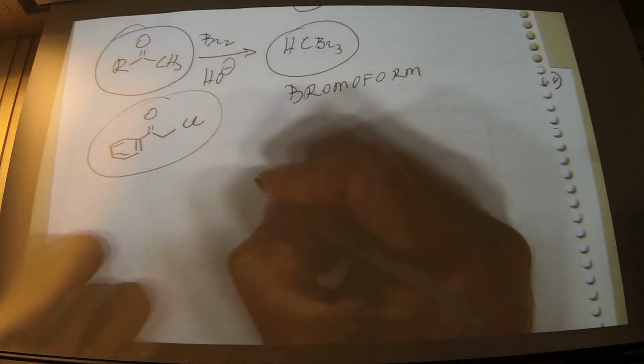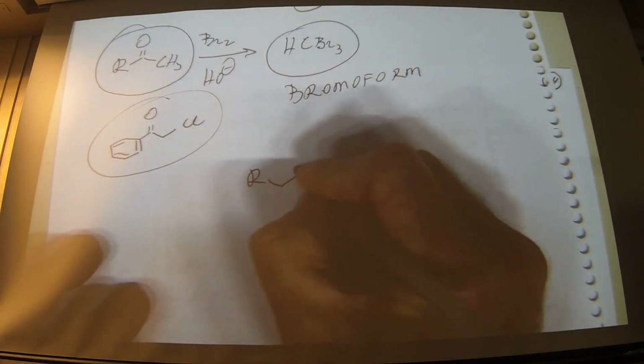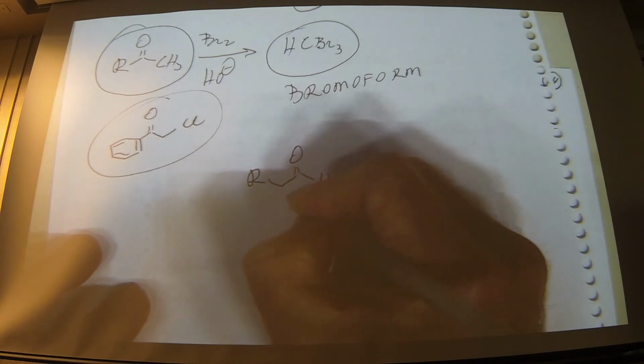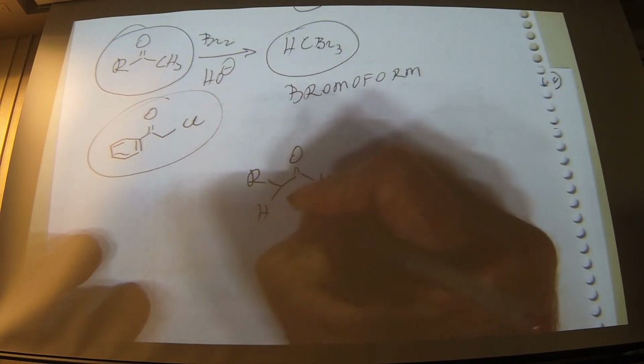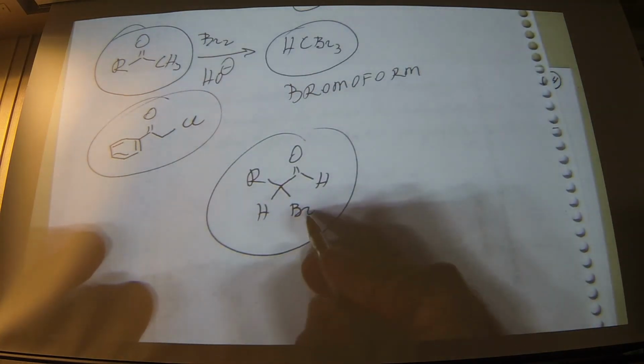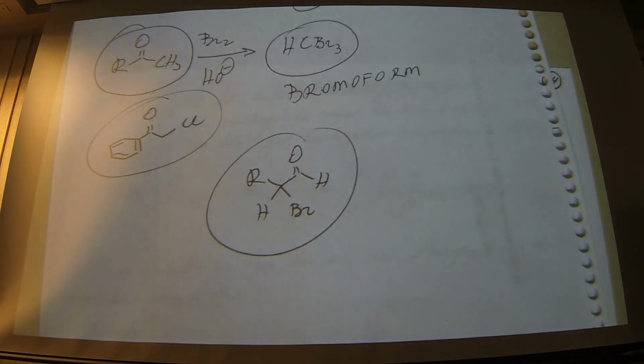Here's why. So let's just take an alpha bromoaldehyde, okay? And I'm going to give it away a little bit. So there's the alpha bromoaldehyde. Here's the bromide. It's a secondary allylic bromide. I should be able to do nice displacement chemistry on that.